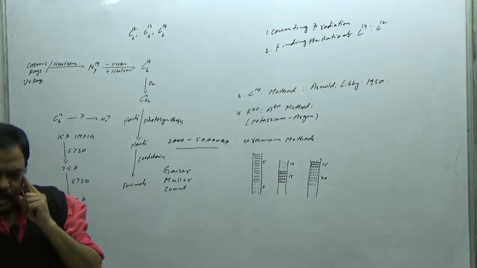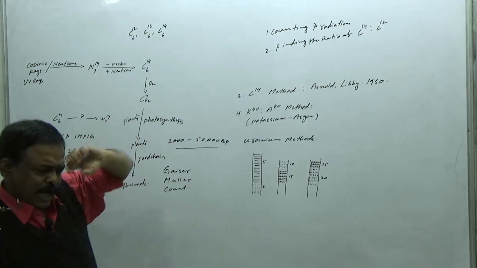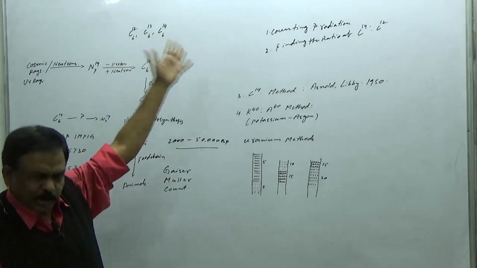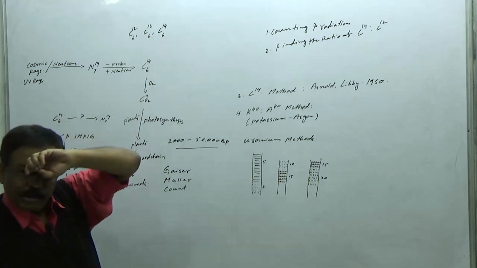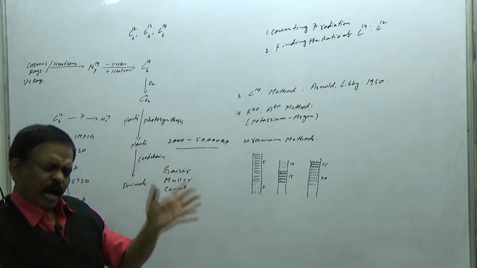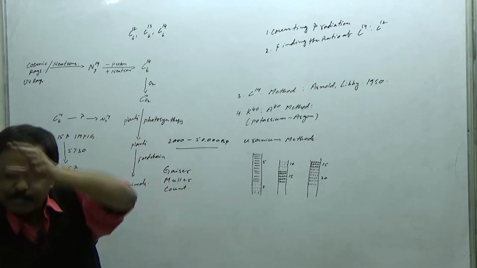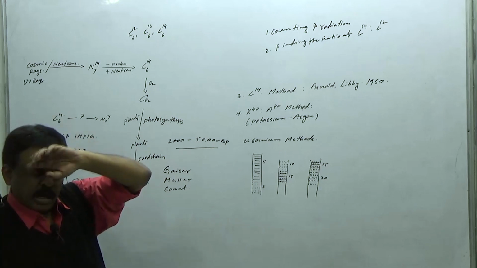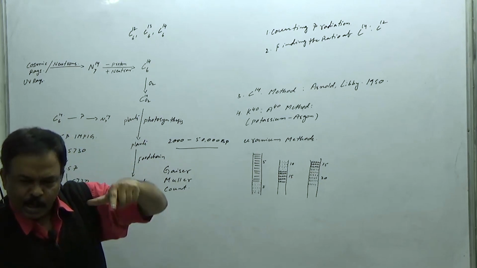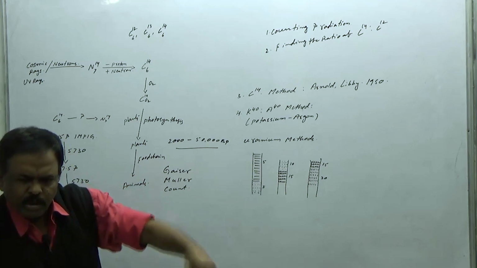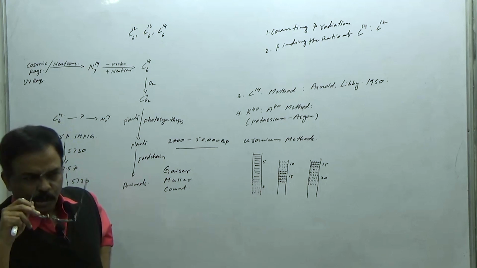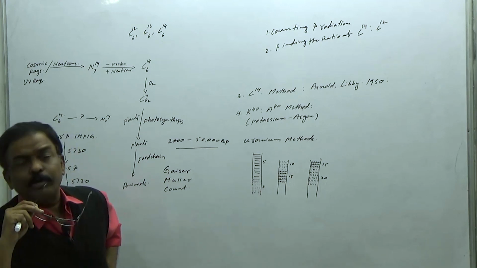Again, this C14 method also has a number of limitations. By using this, we can analyze the age only up to 50,000 BC, that means before present, BP only. These absolute methods are absolute only in name, but they have a number of limitations. That's why technicians even today give a lot of priority to relative dating methods, not to absolute dating methods.